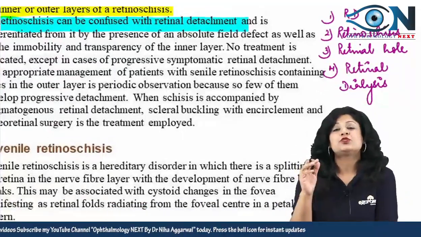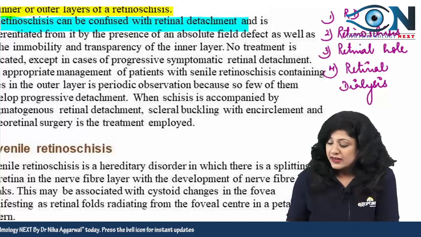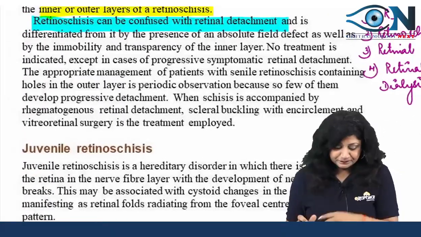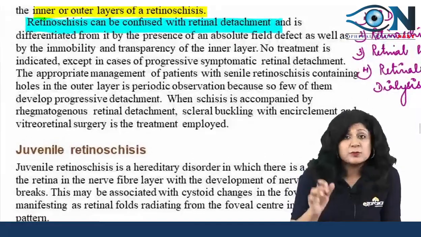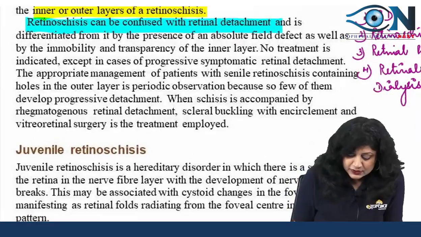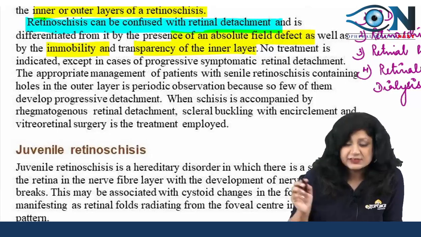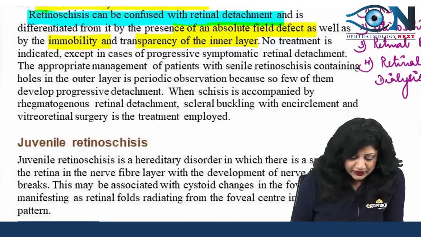So basically you should be very, very clear regarding these four things. Okay, now retinoschisis has to be differentiated from the presence of any absolute field defect or by the immobility and transparency of the inner layer. No treatment is indicated.